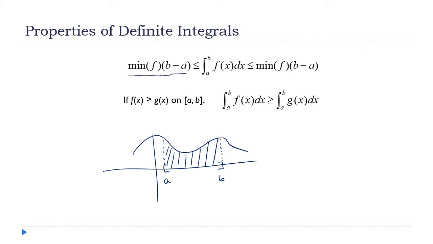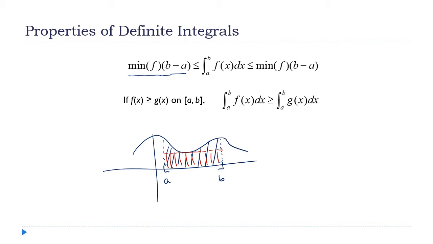Well, look, the minimum of f is here. The minimum of f times the length of the interval, that's this area. And you can see that is less than the area under the curve because the area under the curve has those two extra pieces up on top.